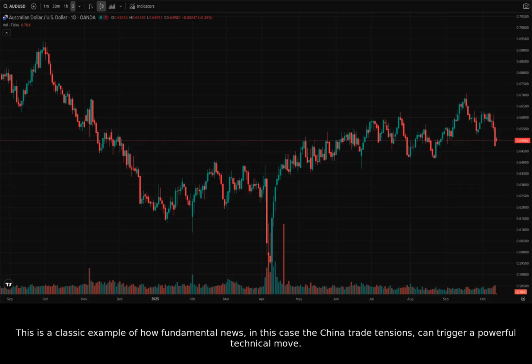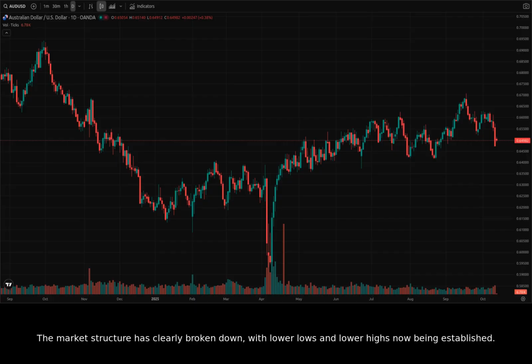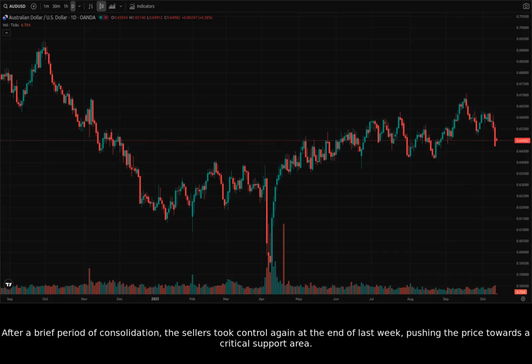This is a classic example of how fundamental news, in this case the China trade tensions, can trigger a powerful technical move. The market structure has clearly broken down, with lower lows and lower highs now being established. After a brief period of consolidation, the sellers took control again at the end of last week, pushing the price towards a critical support area.